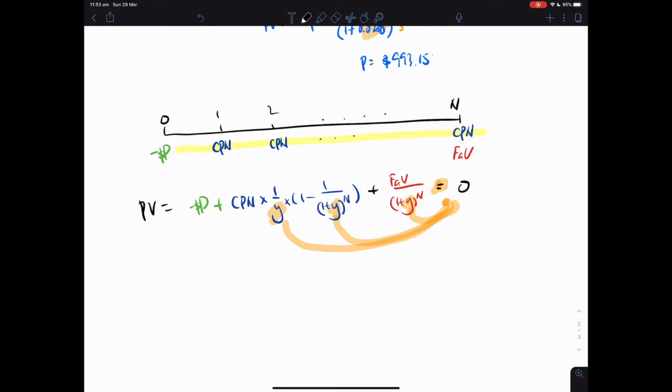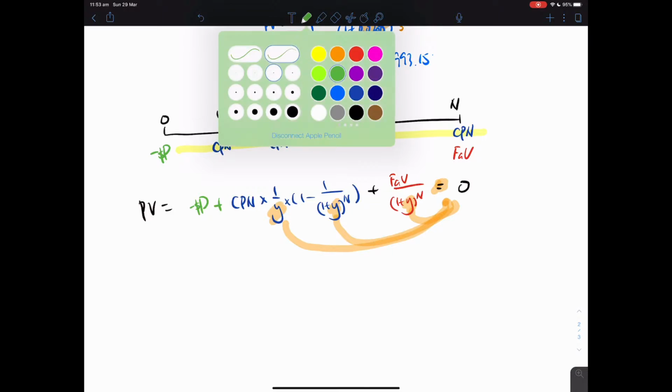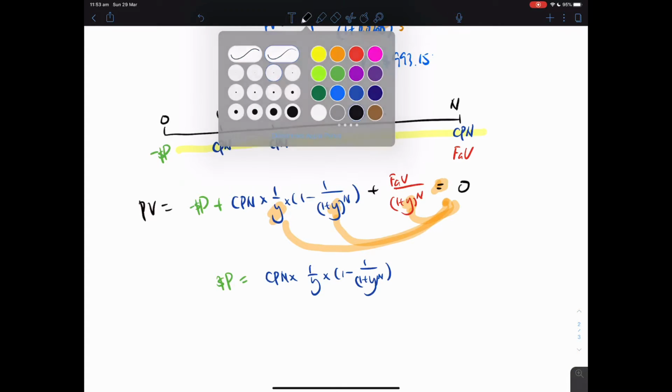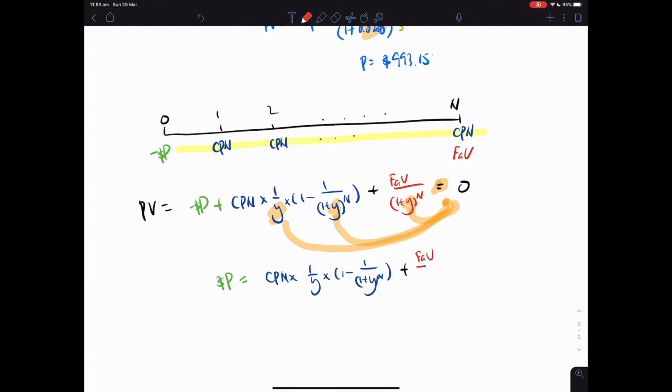You can then rearrange it to say P dollars, that's the price, equals, if you move P to the right hand side, CPN times the annuity factor with Y over N, plus face value over (1 plus Y over N) to the power of N. And that is the definition for the price.